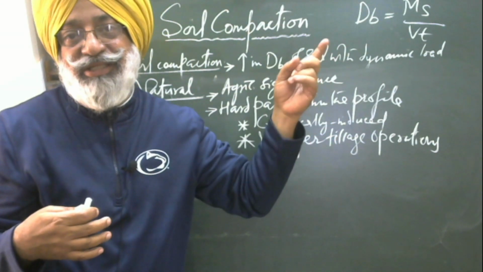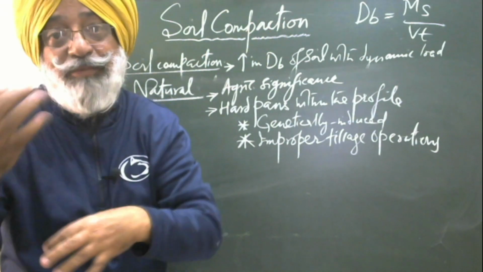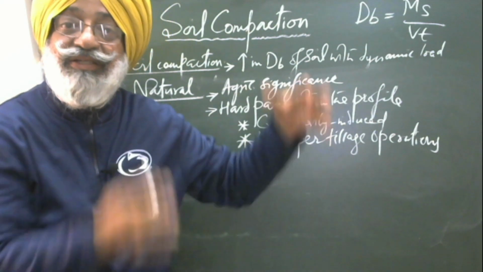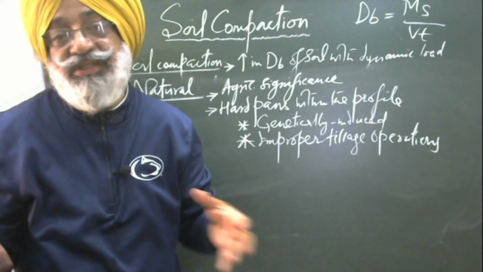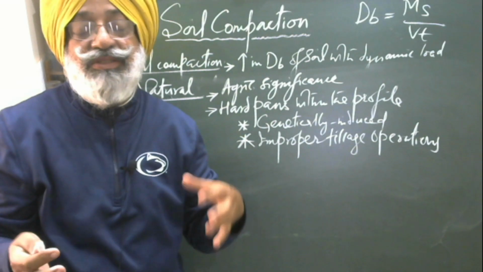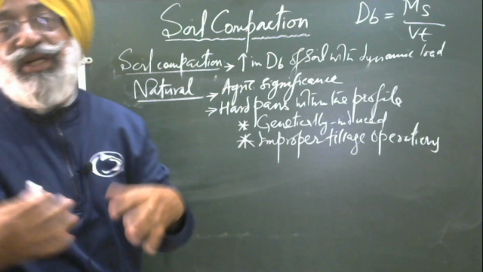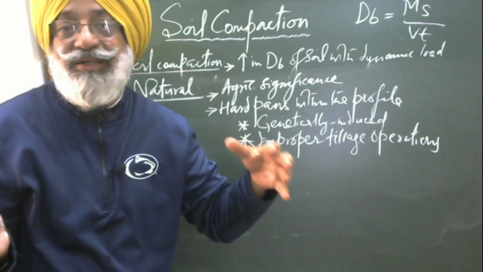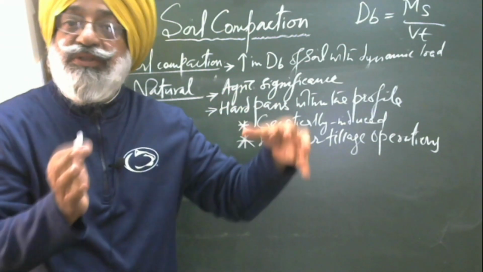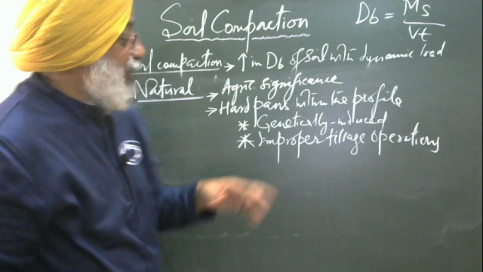Because in my introductory lecture I told you that if soil water increases, the plants won't be able to respire properly, and at the same time, if soil air is at a higher content than soil water, again there could be deficiency of water and plants may suffer because of water stress. So in both cases it could be either aeration stress or water stress. So we need to have an ideal composition of soil air and soil water, that is 50% of the pore space occupied by soil air and 50% occupied by soil water.